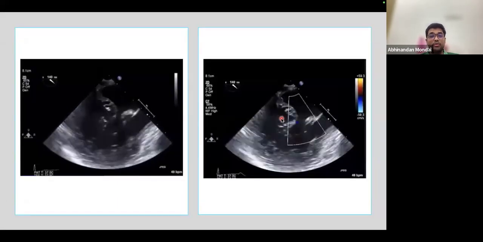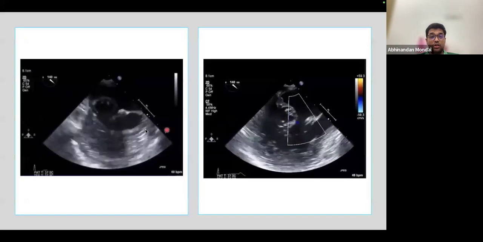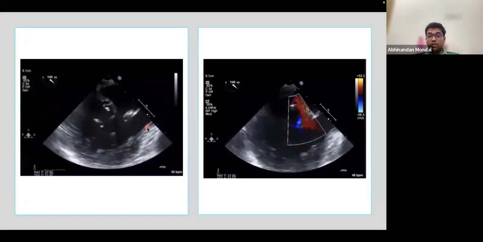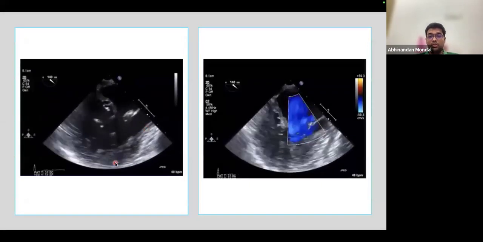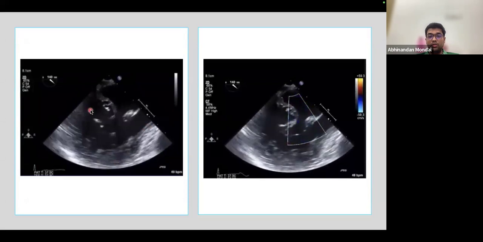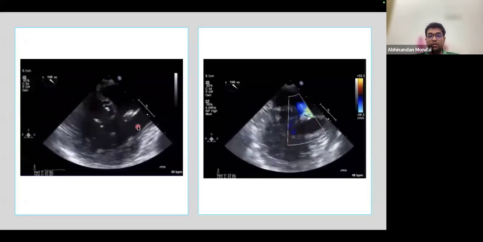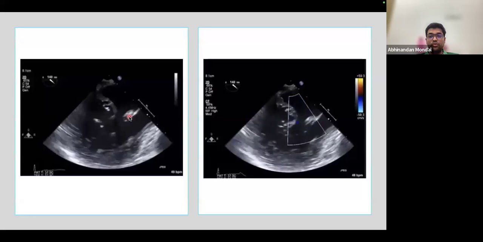Now this is your midesophageal long axis view. You can see there is a P2 and there is also A2.